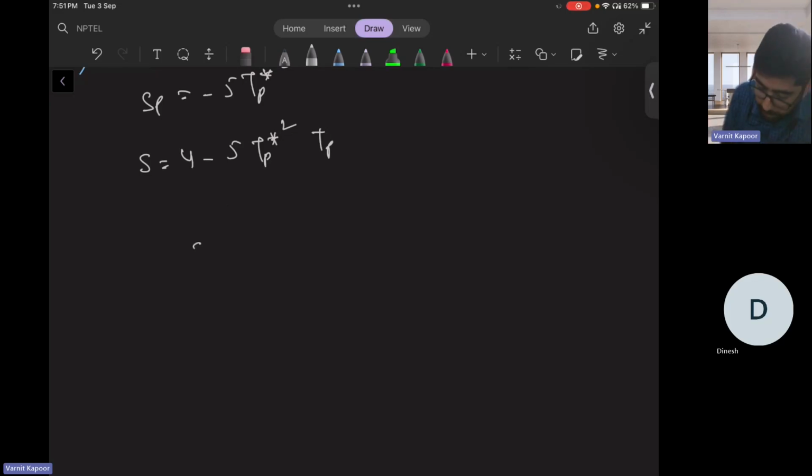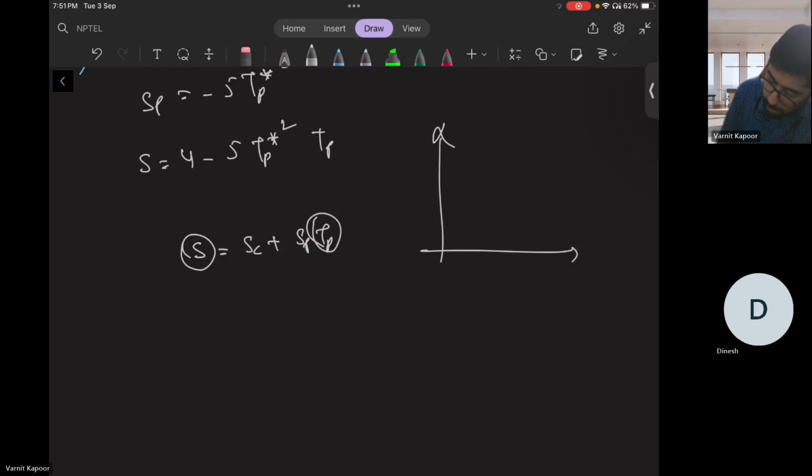For any linear equation, S equals SC plus SP TP, with S and T as the axes, this is y equals mx plus c, and SP is your slope.